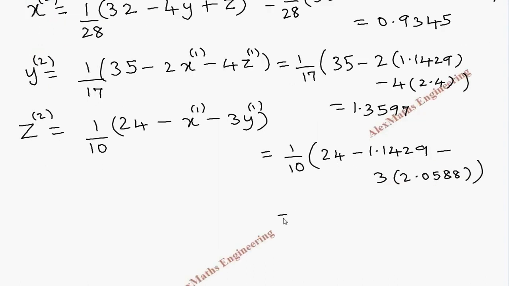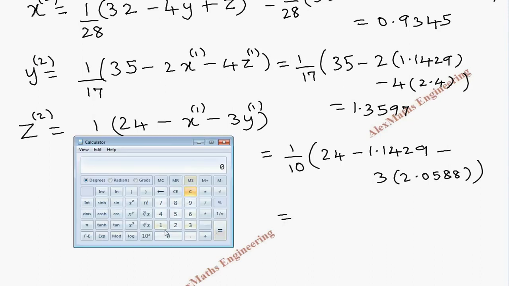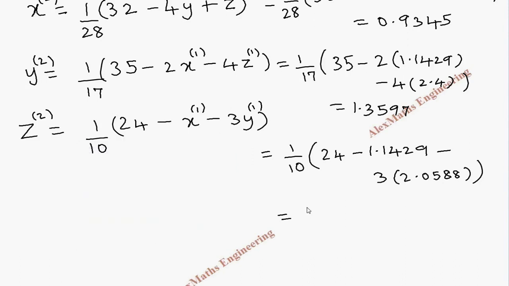Now calculating this, we get 24 minus 1.1429 minus 3 into 2.0588. This value we calculated, and this entire value divided by 10, we get 1.6681. Next we are going to proceed with the third iteration.